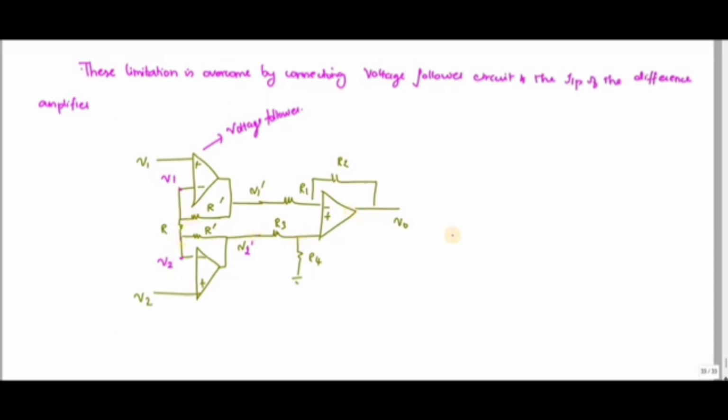So I can write the current flowing through this one as (V1 minus V1 bar) by R bar, that is equal to I. Okay, so I can substitute V1 is equal to I R dash plus V1 dash.